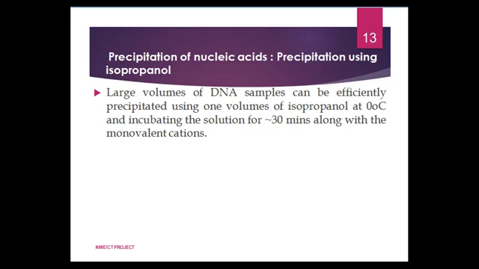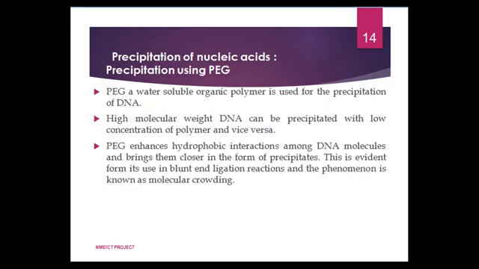Let us see how nucleic acids can be precipitated using isopropanol. Large volumes of DNA samples can be efficiently precipitated using 1 volume of isopropanol at 0 degrees centigrade, incubating the solution for approximately 30 minutes along with the monovalent cations, and the remaining isopropanol can later be removed by evaporation.